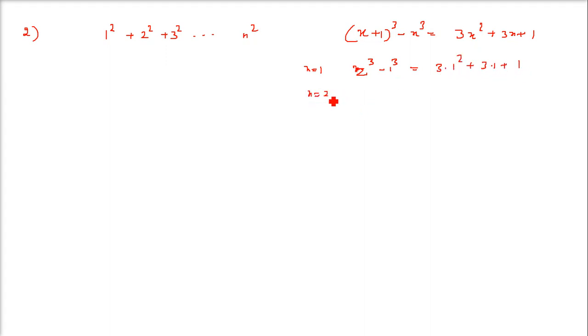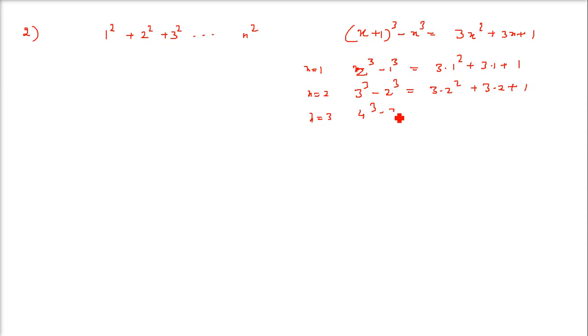Now put x equals 2. What do you get? You get 3 cube minus 2 cube equals 3 into 2 square plus 3 into 2 plus 1. Now likewise you can put x equals 3 also.